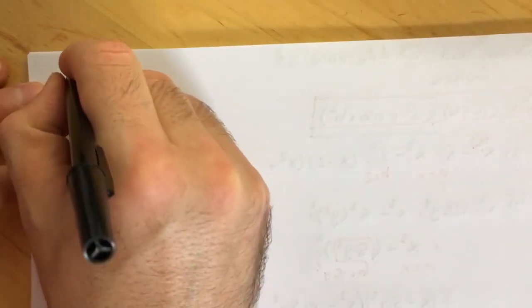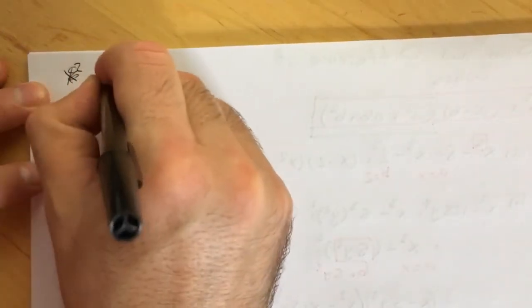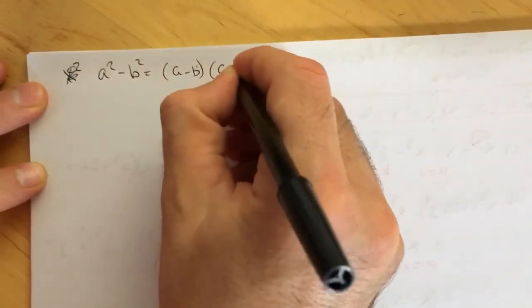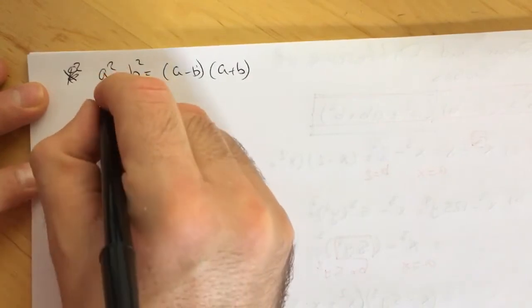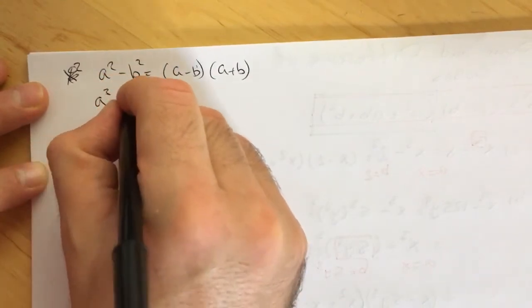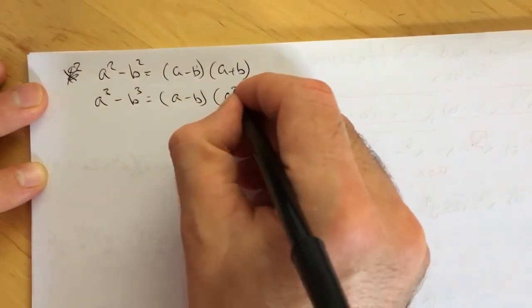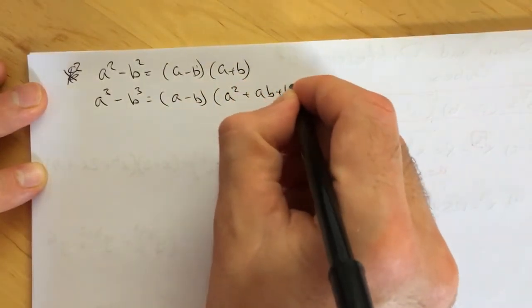So far what do we have? We have a difference of squares: a squared minus b squared is equal to a minus b times a plus b. We get a difference of cubes: a cubed minus b cubed is equal to a minus b times a squared plus ab plus b squared.